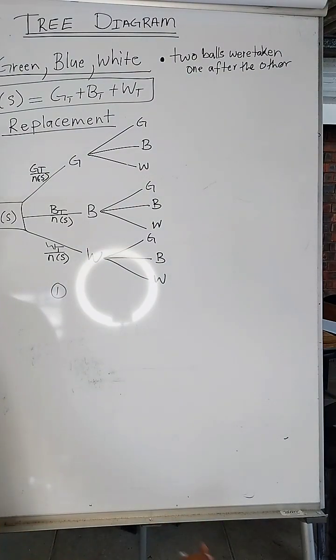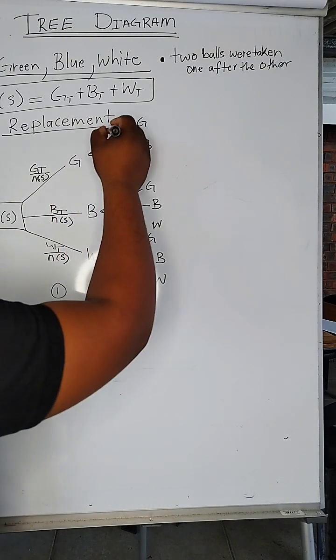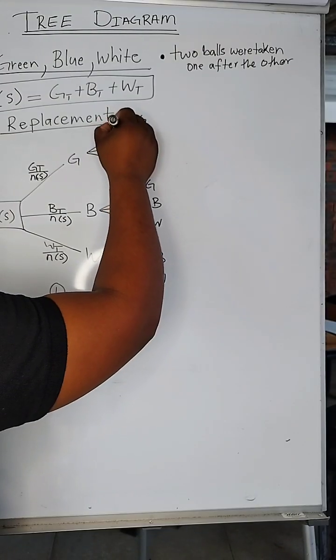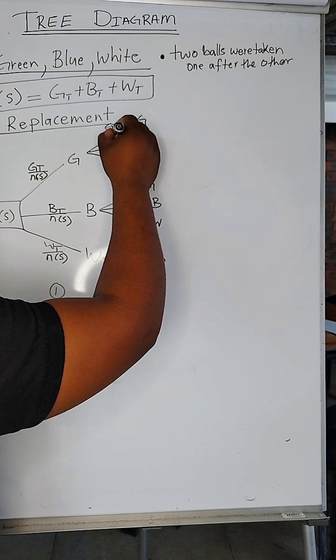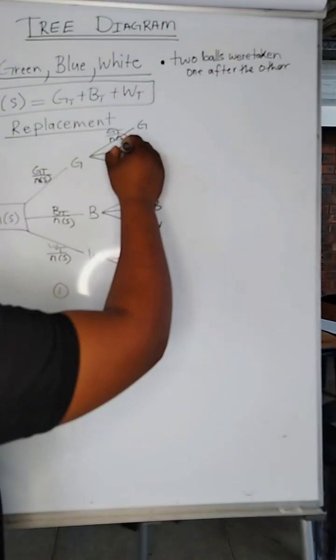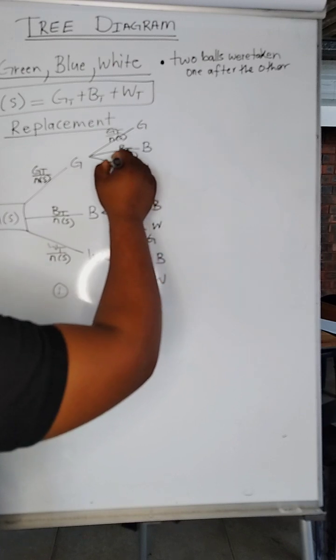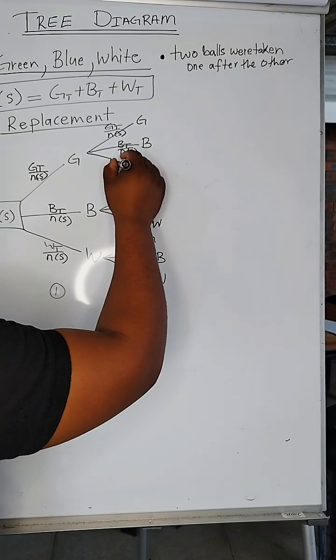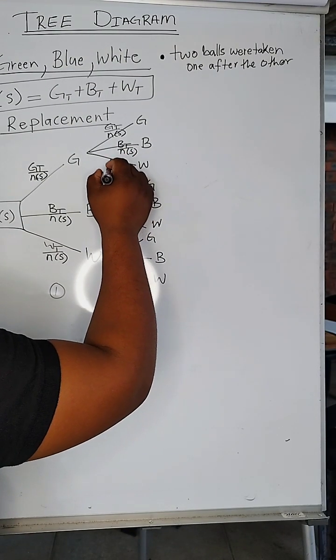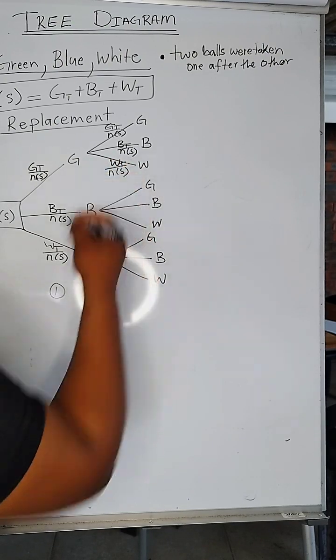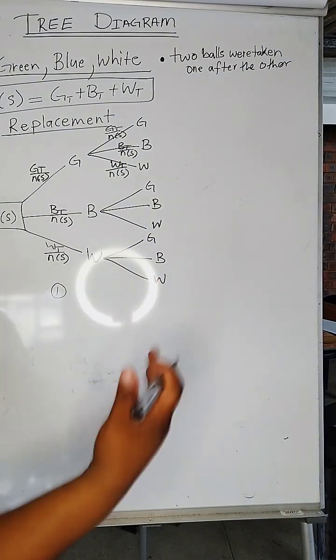If I replace it, it goes back to be the same number. So here again, I will have G total over n of s. Here I'll have B total divided by n of s. Here I'll have W total divided by n of s, because the ball was replaced.